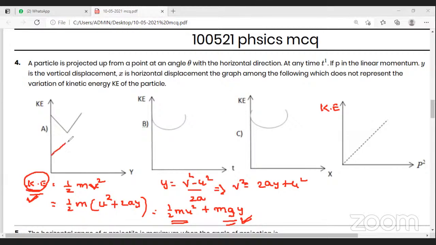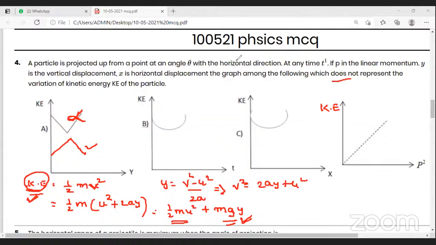Actually the relation is like this, and this is the real graph for the relation between kinetic energy and y, but it was given in reverse order. So this is the wrong option, not the correct graph. They are asking for the option which does not represent the given relation, so it may be the correct answer. Also, we can verify the next options.